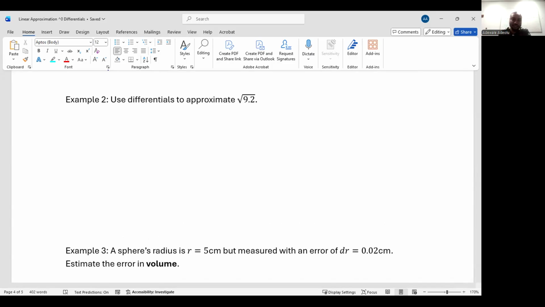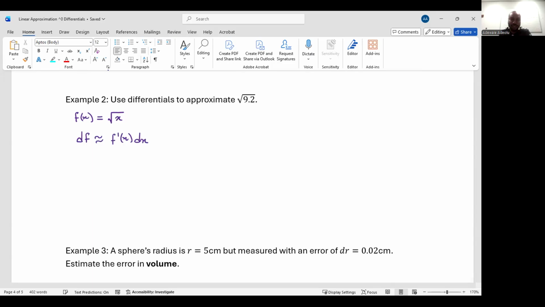Remember that if our function is square root of x, then the change in f is approximately equal to the derivative of f multiplied by dx.